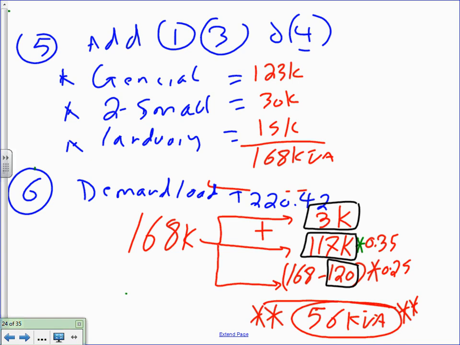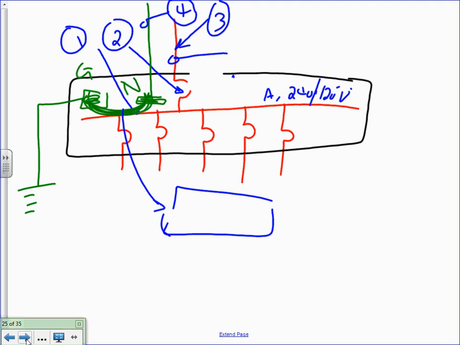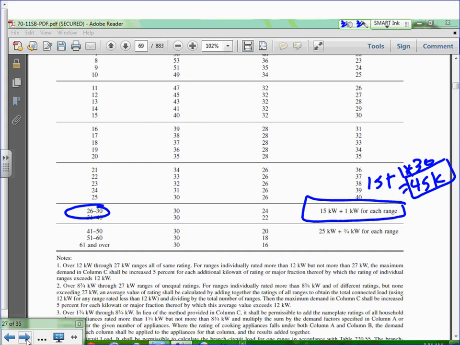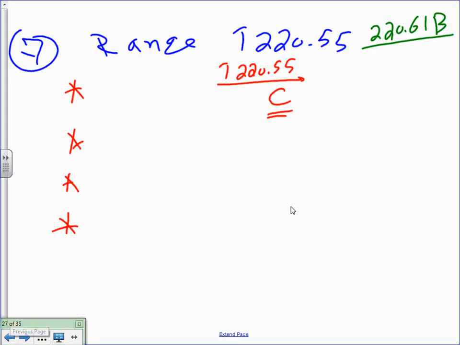Okay. Next, ranges. Let's look at the ranges. Here's my table for ranges. First of all, how many ranges do I have? What's the size? 19 kW.